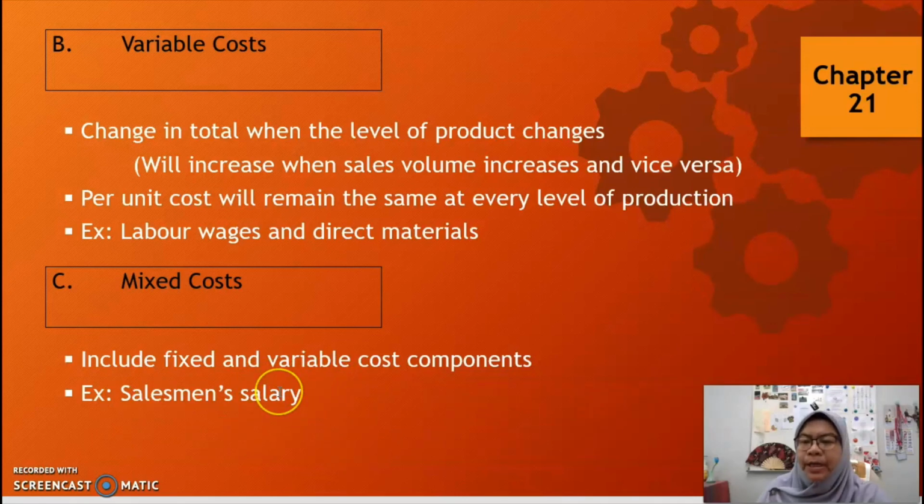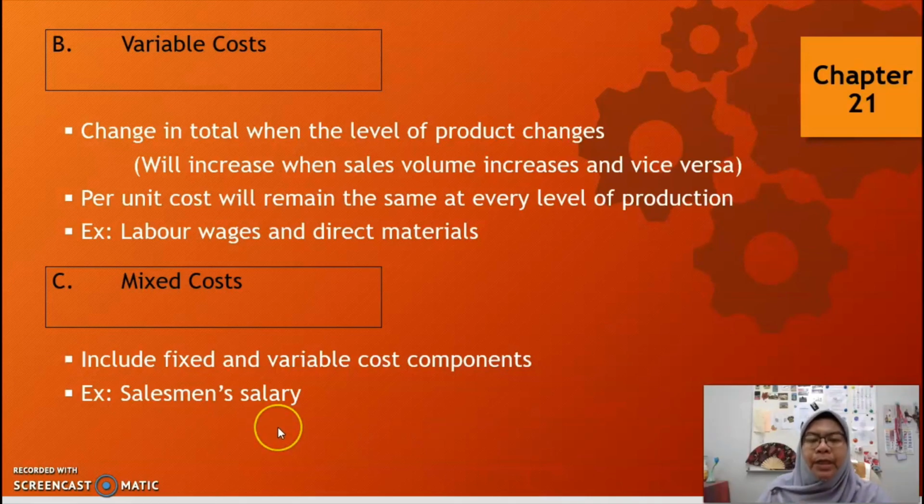One is the fixed or base salary that the salesman will get, for example, 1,000 ringgit per month. They will get this 1,000 ringgit per month even though they sell nothing, or if they sell a few units of cars, they still get the basic salary.